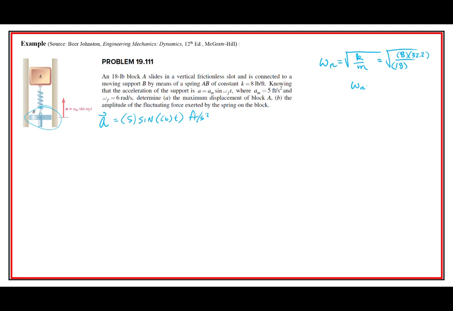So we get a natural frequency of 3.783 radians per second. So our r is omega f over omega n, or 6 over 3.783, which gives us 1.586.